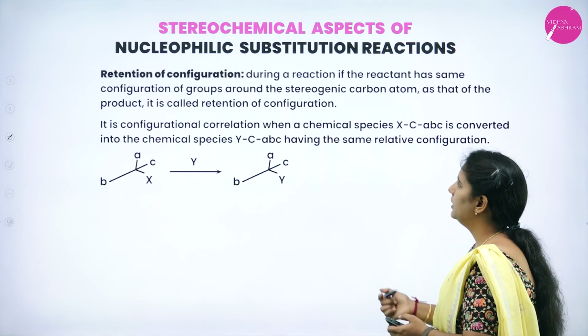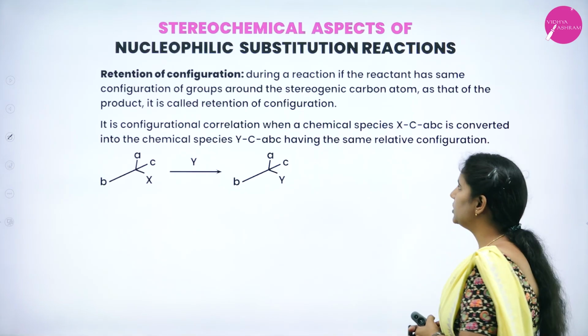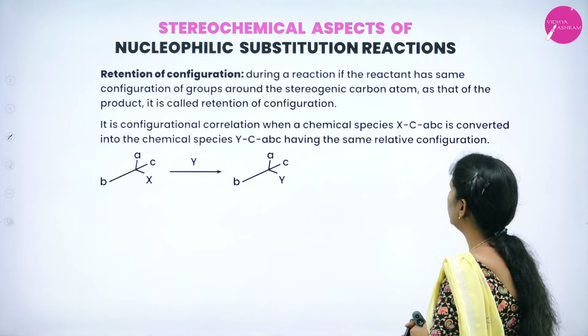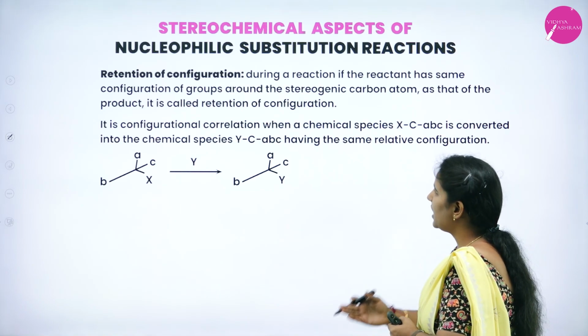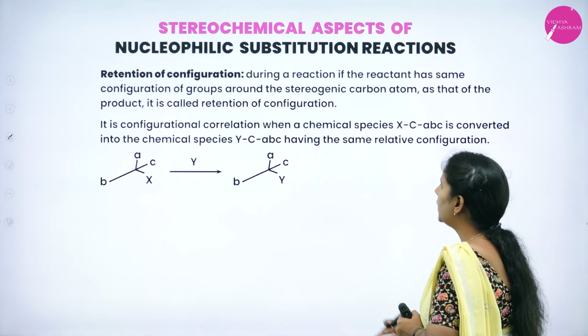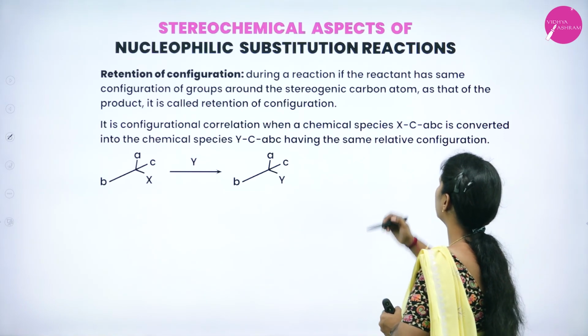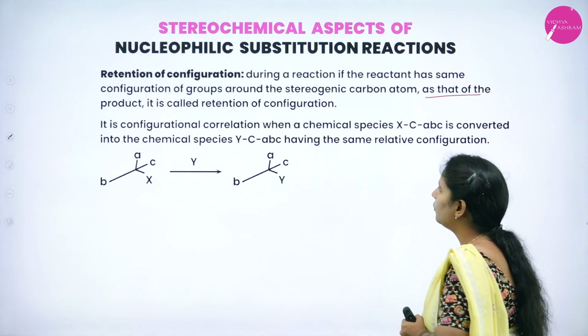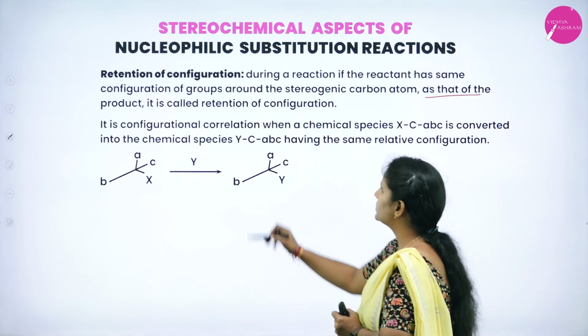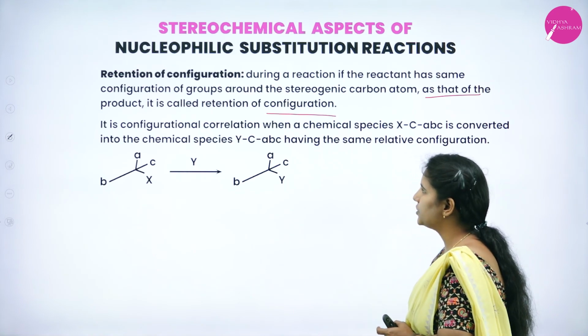First, I'll go with retention of configuration. During a reaction, if the reactant has the same configuration of groups around the stereogenic carbon atom as the product, then it is known as retention of configuration.